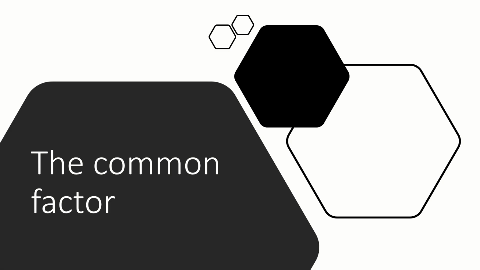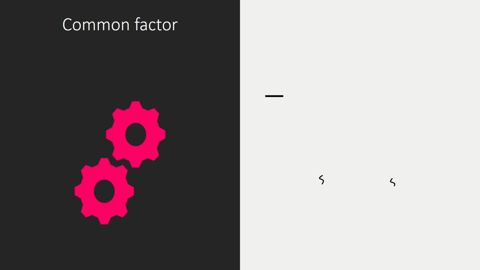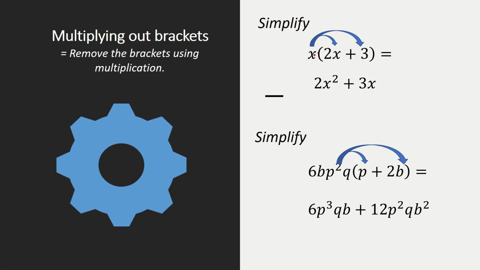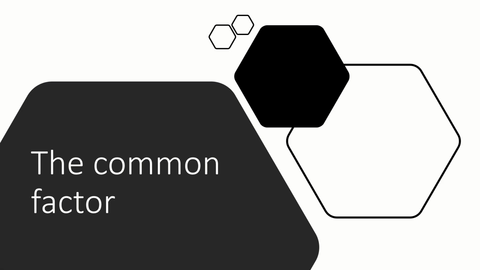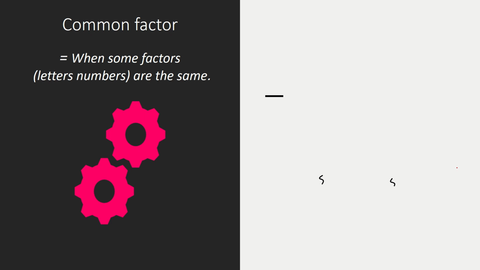So what's the common factor? I'm going to use the same numbers as I did over here. So the common factor is when some factors, so letters or numbers, are the same. So let's have a look at 2x squared plus 3x. 2x squared consists of a 2 times x times another x.